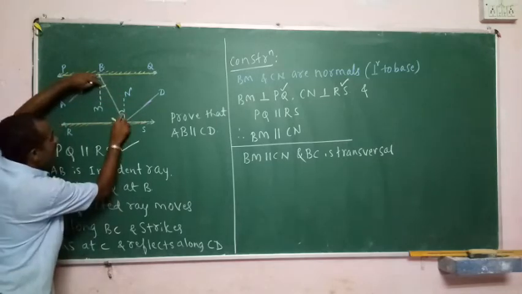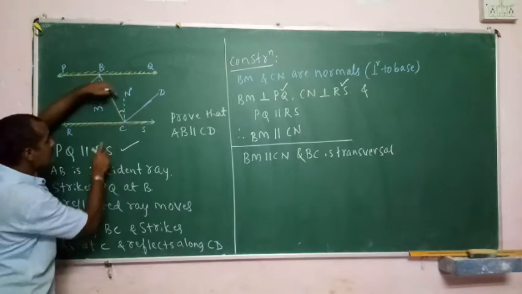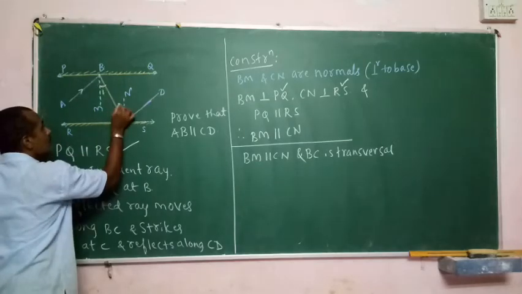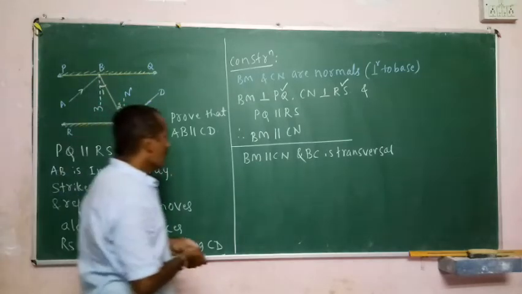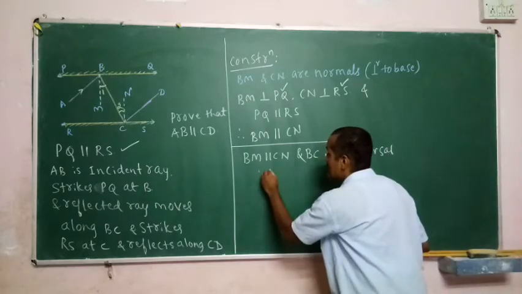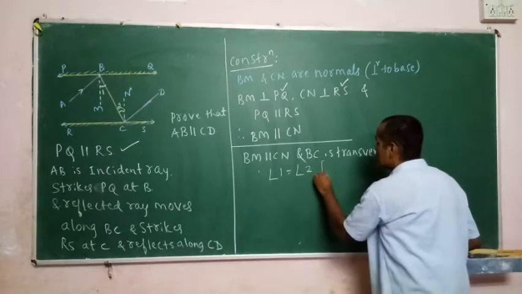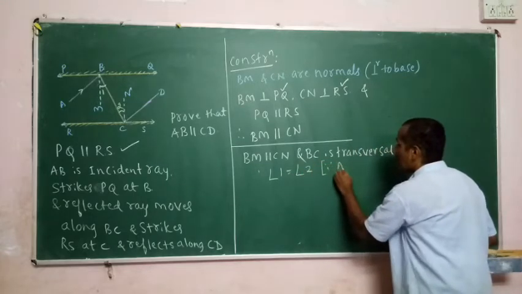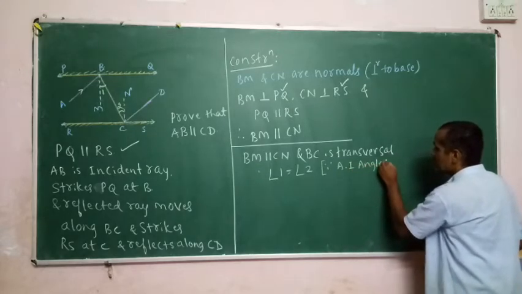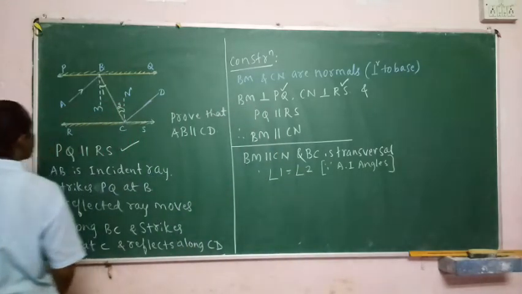These two are called alternate interior angles, and they are equal because the lines are parallel. Let me call this angle 1 and this angle 2. BC is the transversal, therefore angle 1 is equal to angle 2, because of alternate interior angles.